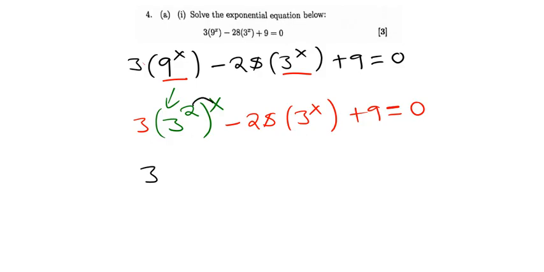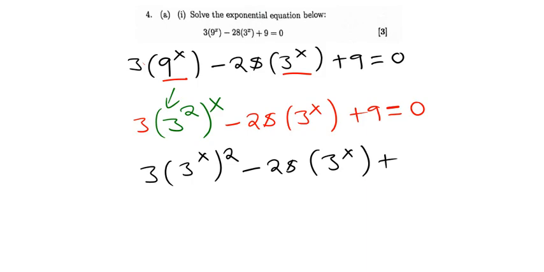We understand multiplication is commutative. Doesn't matter what you start with anyway. So 3 multiplied by 3 to the power x, and then we'll put the 2 outside, minus 28 times 3 to the power x plus 9 equal to 0.